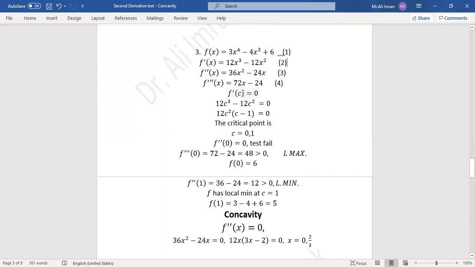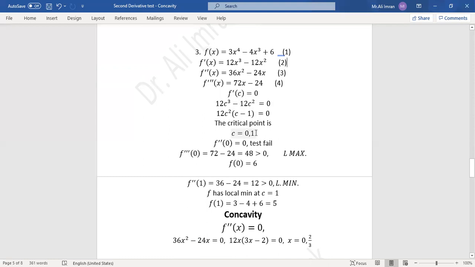First of all, in order to determine the extrema, we will find critical number, f prime of c is equal to 0. If we equate this in equation number 1, we will have 12c cubed minus 12c square is equal to 0. As 12c square is taken outside common and c minus 1 is inside, and we will have c is equal to 0 and c is equal to 1.